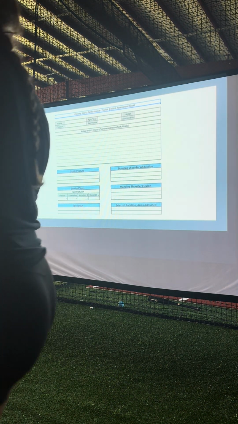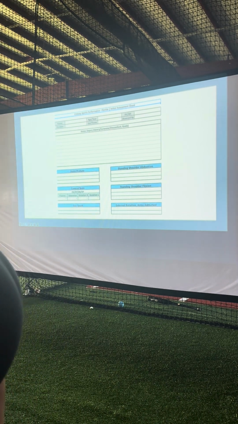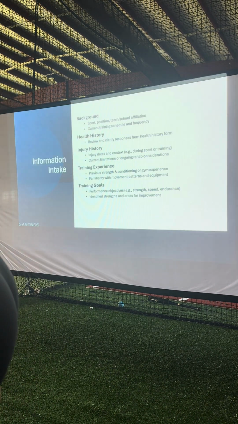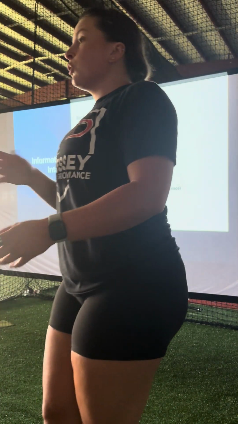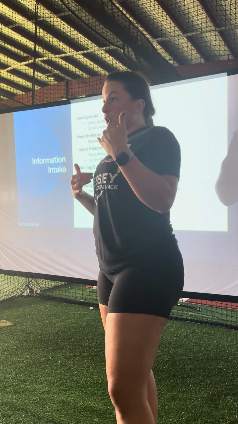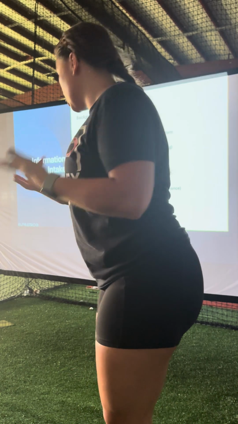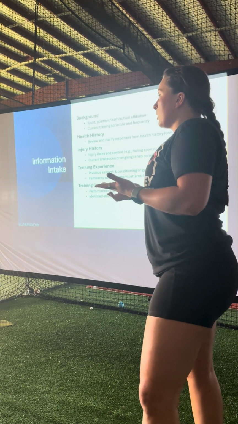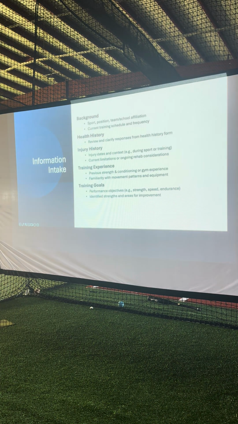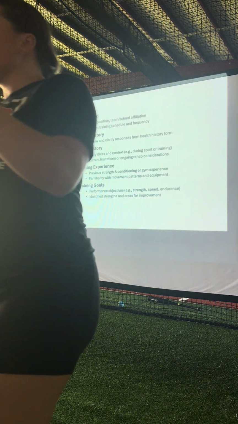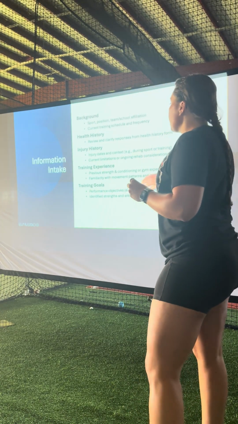First things first, what I wanted to jump into is information intake and how we go about doing that. You guys have sat in with a bunch of different coaches, seen how a bunch of us do it, and none of us are one size fits all. We all do things a little bit differently, but we have some key things that we do very similarly, and that's finding out our information.